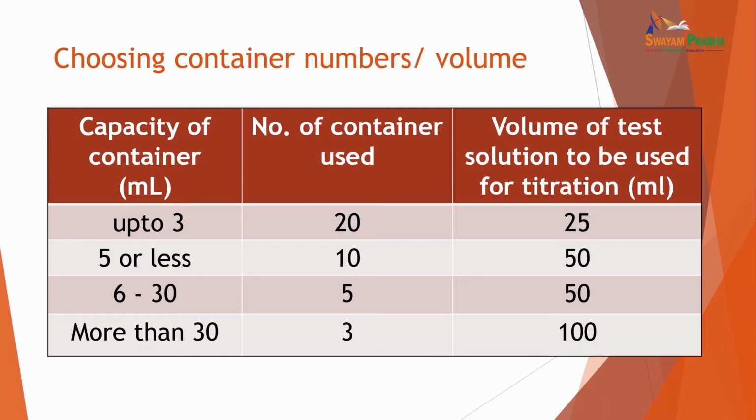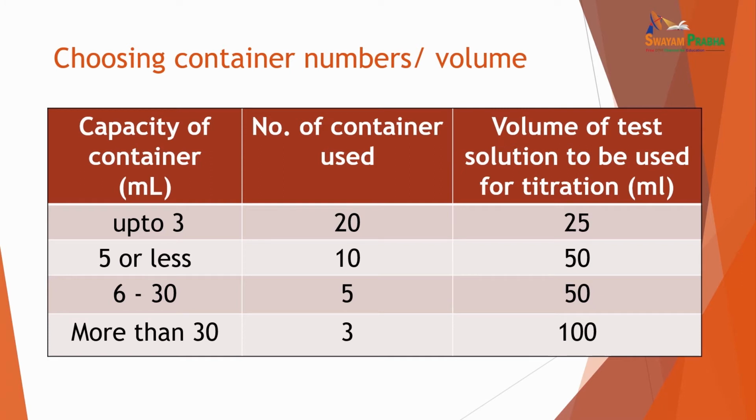So first of all, let us focus on choosing the containers, numbers and volume. If the capacity of the container is up to 3 ml, the number of containers used should be 20 and the volume of test solution to be used for titration should be 25 ml. If the capacity of the container is 5 ml or less, the number of containers should be 10, and the volume of test solution should be 50 ml.